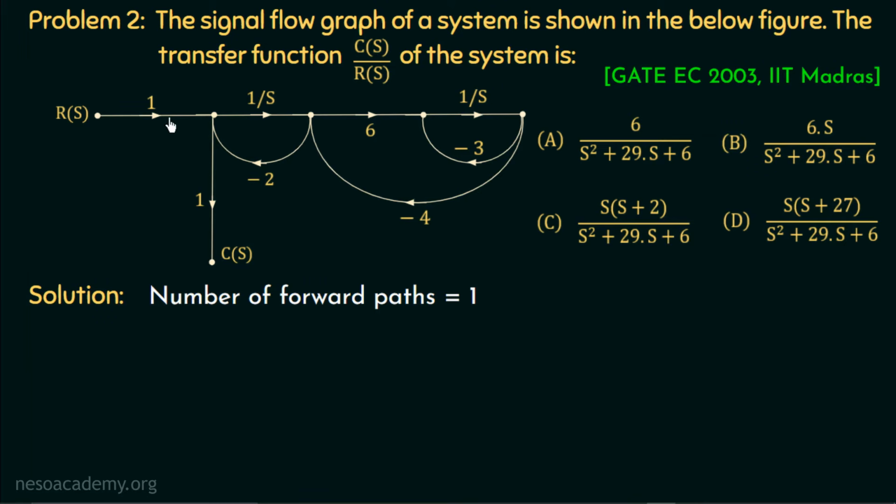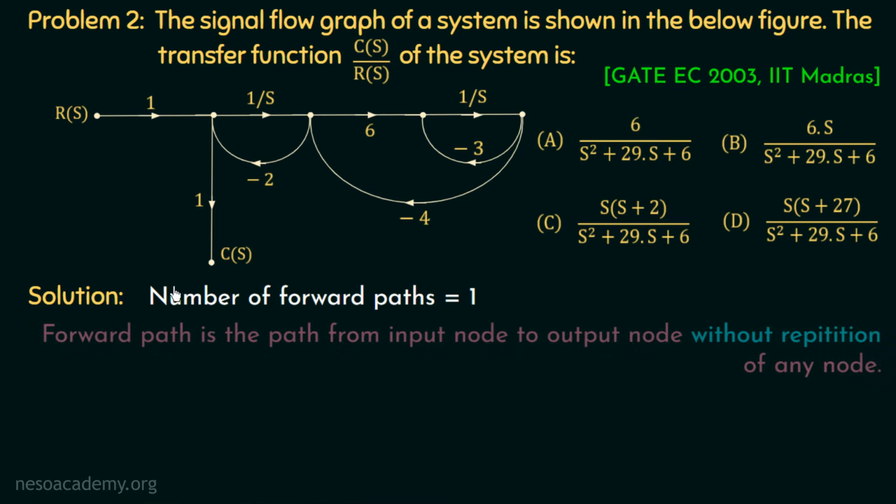If we consider this as a valid forward path, then we forget an important point, which is that a forward path is the path from the input node to the output node without repetition of any node. And in this path, this node is counted twice. And that's why this is not a valid forward path. So now we know that the number of forward paths in this SFG is equal to 1.